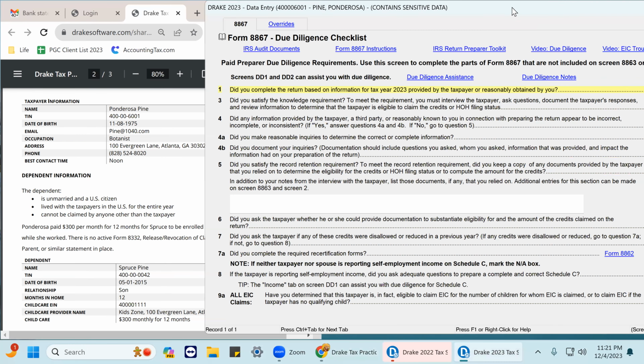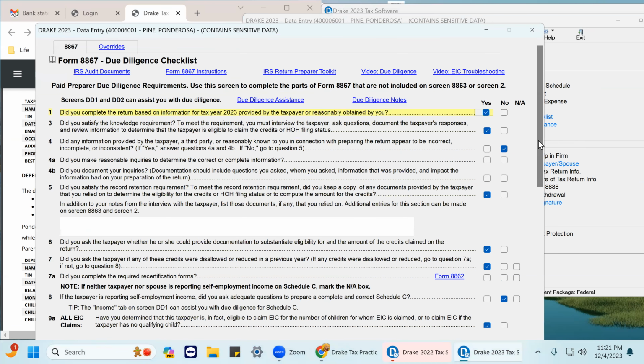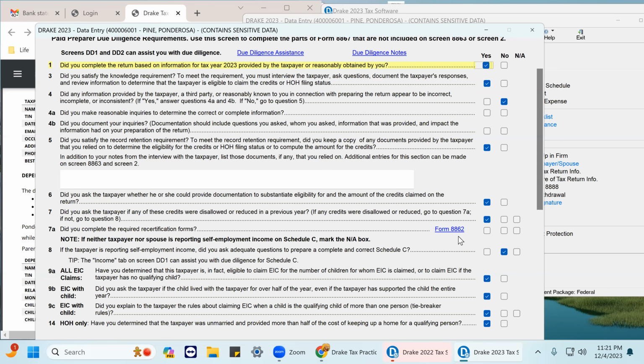All these yes-no questions are very important. The IRS penalizes the tax preparer at least $250 for each wrong answer here.